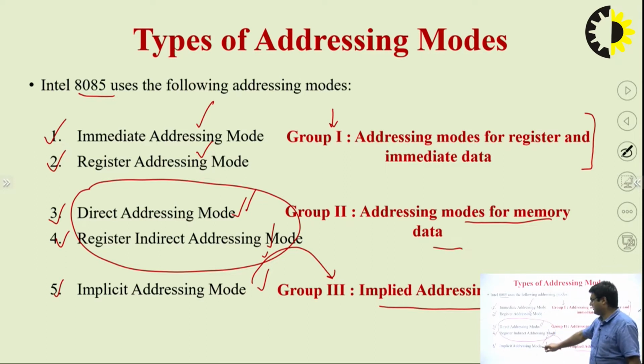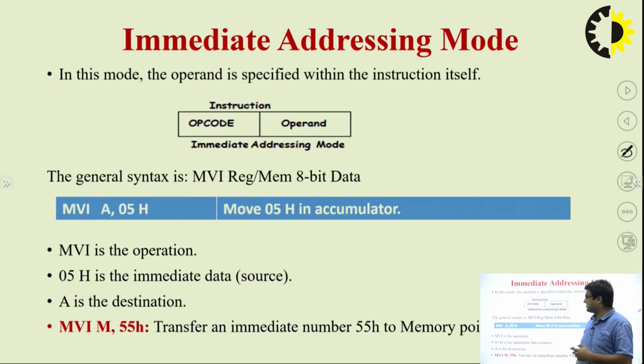That is the implicit addressing mode, group 3. In further slides we will see all the types of addressing modes one by one. Let us start with the immediate addressing mode.